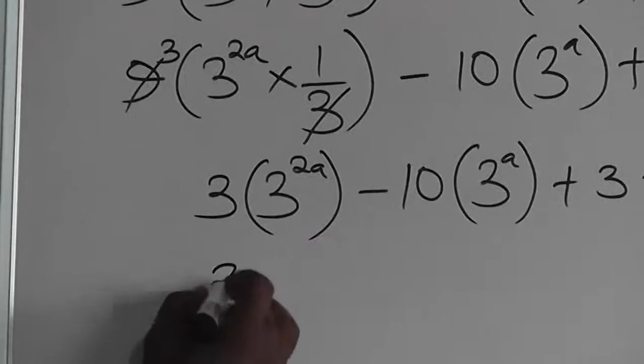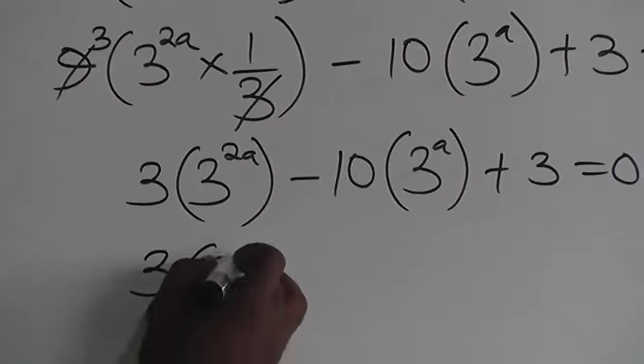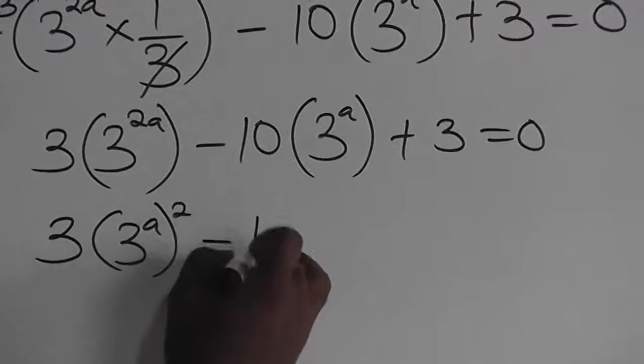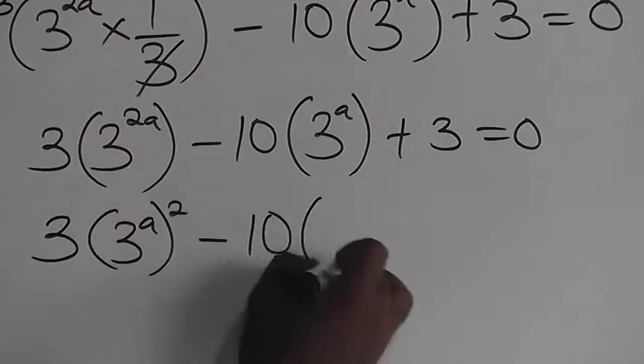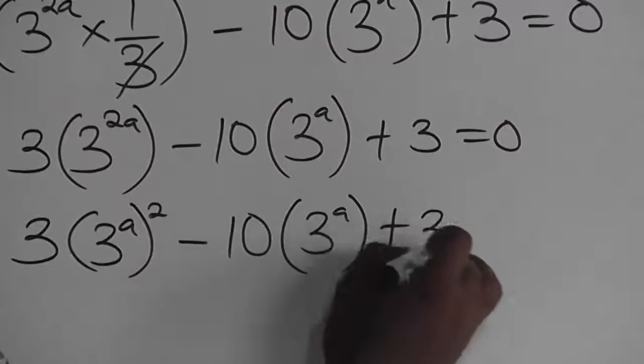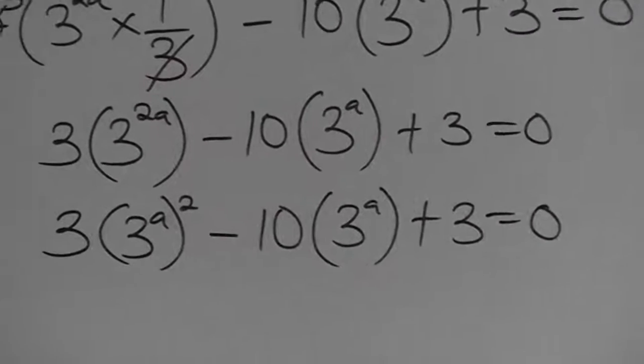Don't forget this can be written as 3 raised to power a, then 2, minus 10 into bracket 3 raised to power a plus 3 is equal to 0.